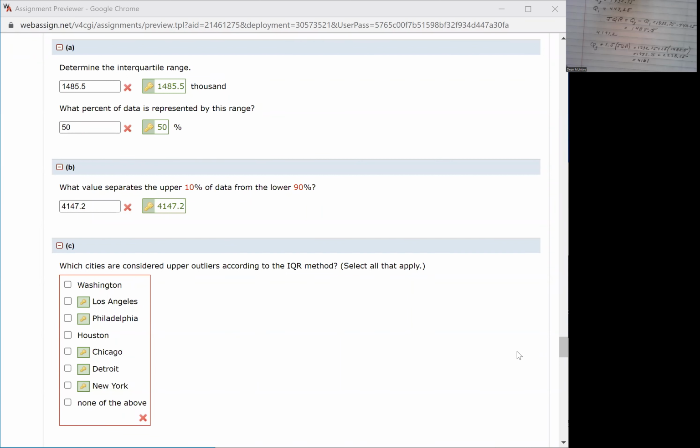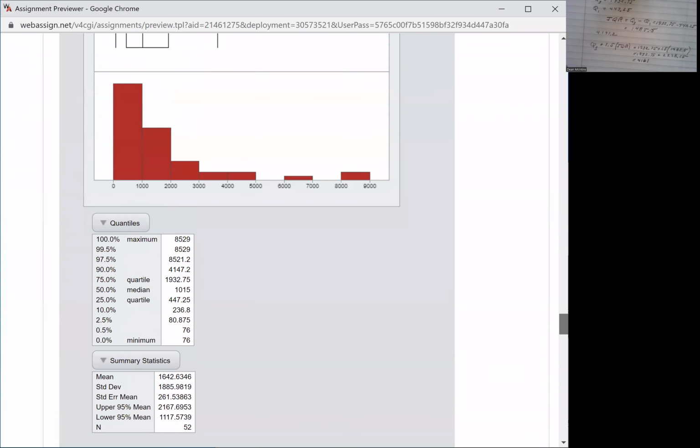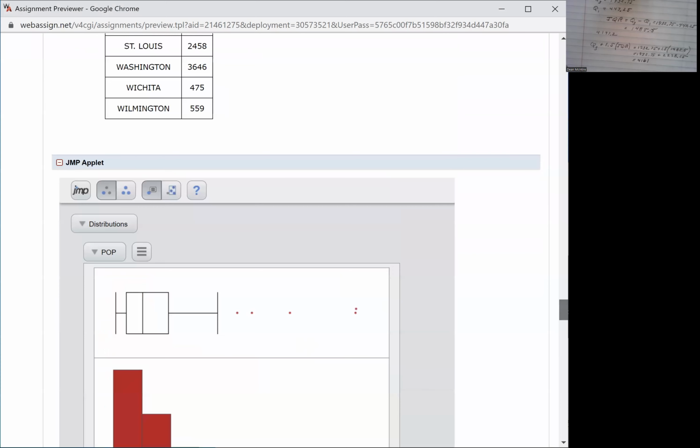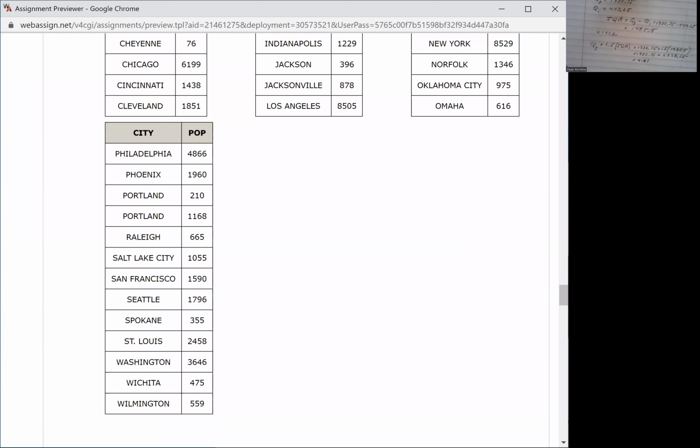Well, what's the population in thousands of Los Angeles? It's 8505. Well, 8505 is larger than 4161. That was our mark. Anything larger than 4161 is an outlier.